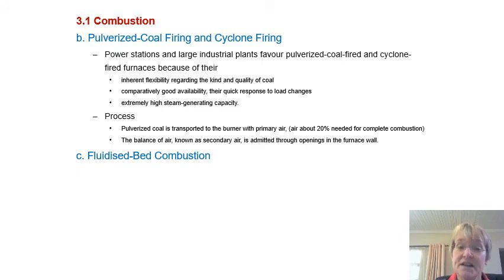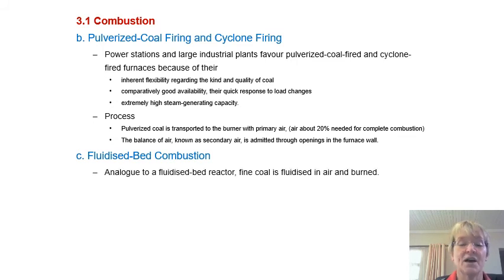And then we have another way in which this combustion can be done, and that's the fluidized bed combustion, where the fine coal, which is a solid material, by making use of air blast, is fluidized in a certain sense. So it is acting like a fluid, moving easily around and then burned.